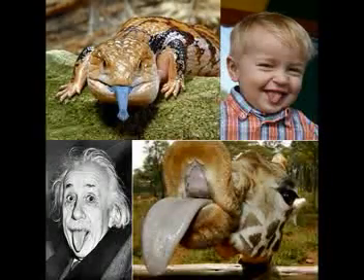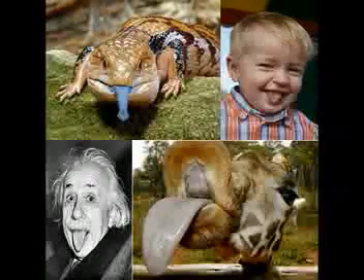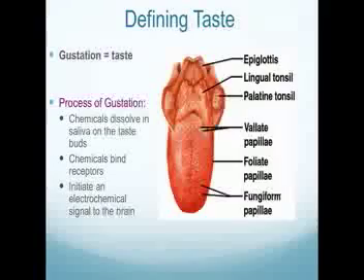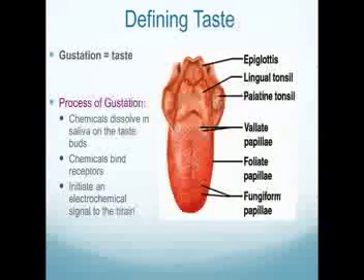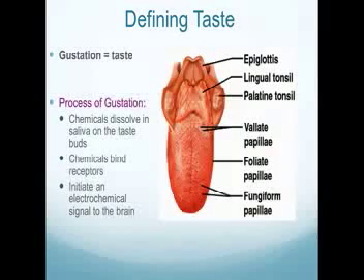All right, so now let's actually take a look at the specifics of taste and how it works. So what is taste? Well, there's actually a true name for it called the gustatory response, or gustation. And here's what it involves. We have chemical molecules that mix with saliva in the mouth.